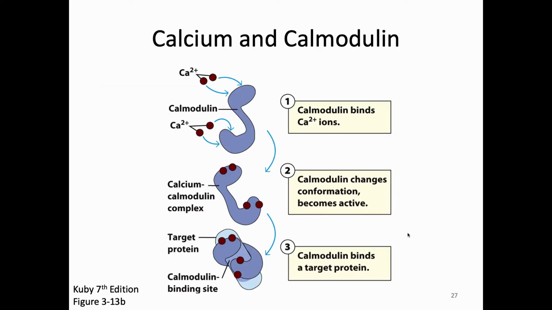In the cytoplasm, we have a protein called Calmodulin. Calmodulin will be able to bind to this calcium. The calcium was not previously there, so Calmodulin was previously lonely. Now calcium's around, and Calmodulin will bind to those calcium ions.